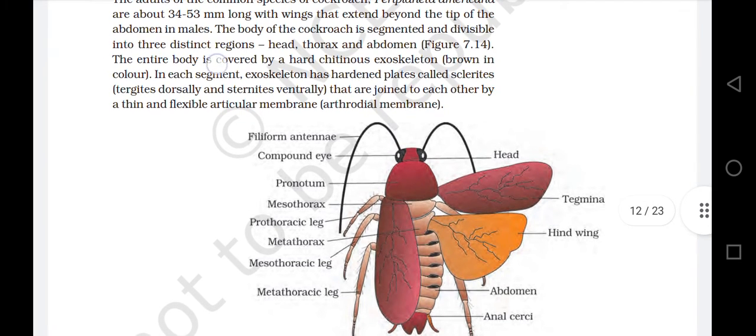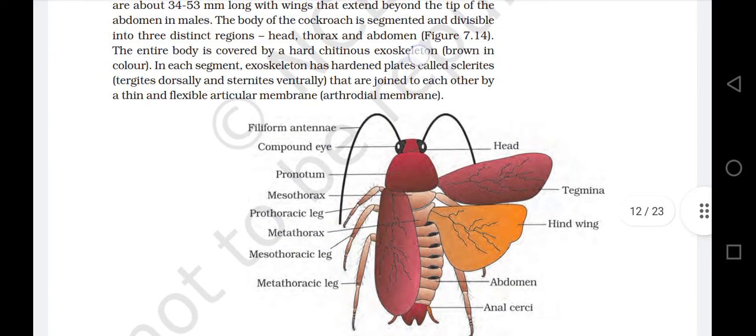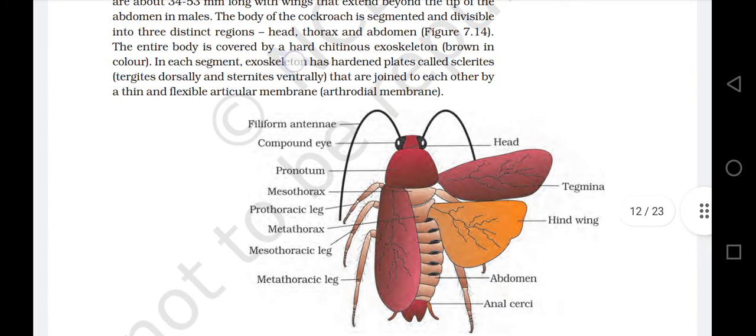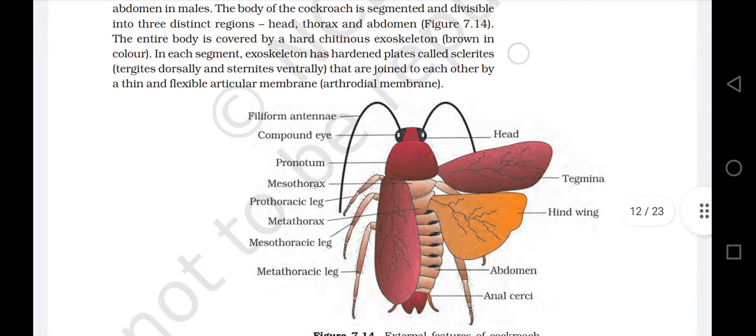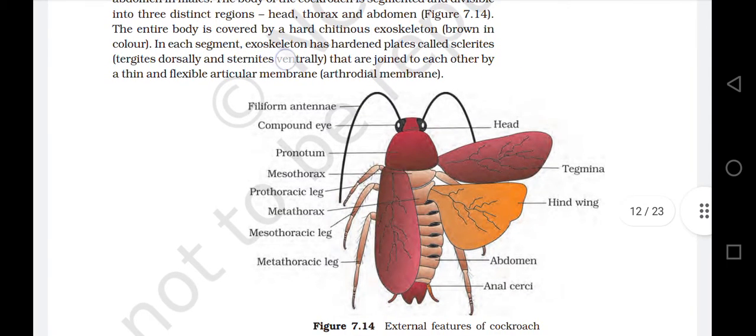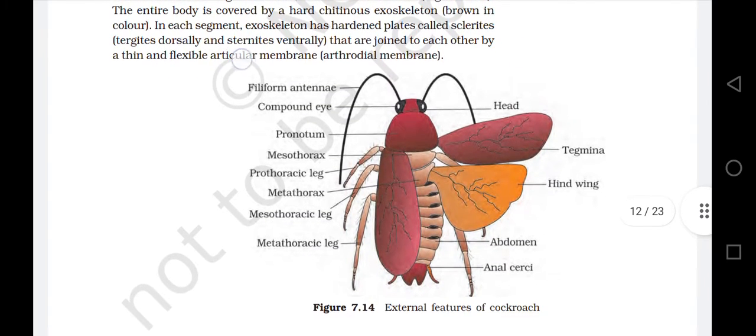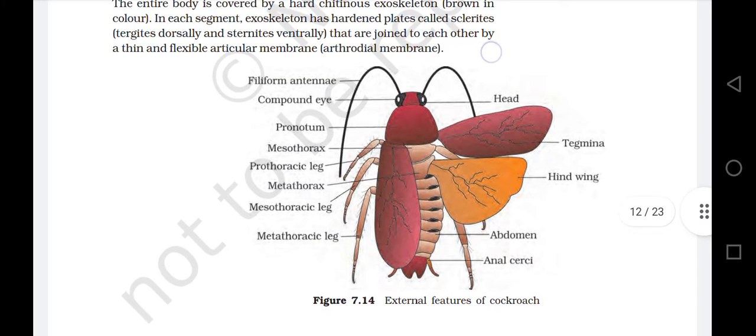The entire body is covered by a hard chitinous exoskeleton, brown in color. In each segment, the exoskeleton has hardened plates called sclerites, tergites dorsally and sternites ventrally, that are jointed to each other by a thin and flexible articular membrane, arthrodial membrane.